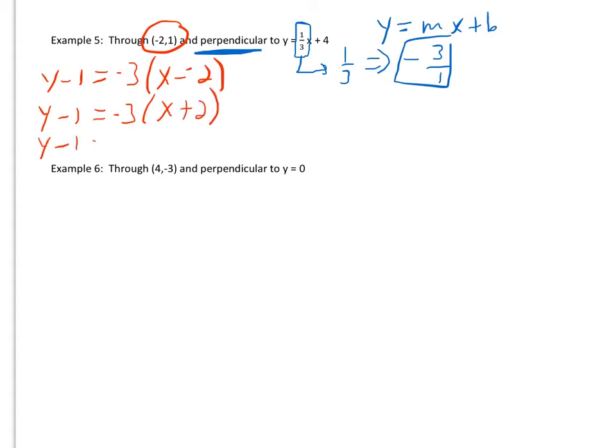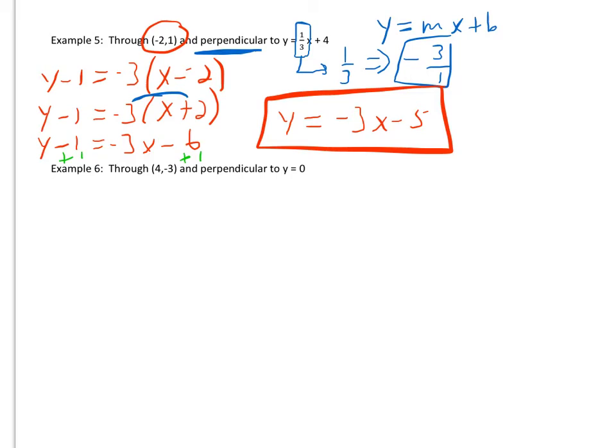Then we distribute the negative 3, and we get negative 3x minus 6. Our last step would be to add 1 to both sides, and our finished equation would be y equals negative 3x minus 5.